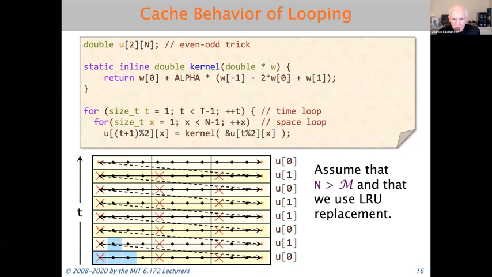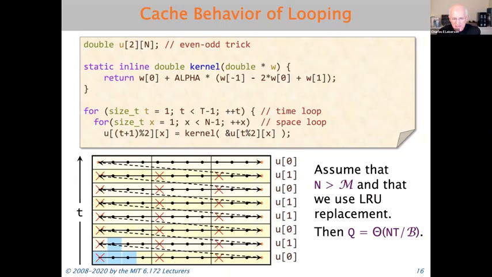So we get N over B cache misses per row, and so the total number of cache misses is theta of T times N over B, which is theta of NT over B.